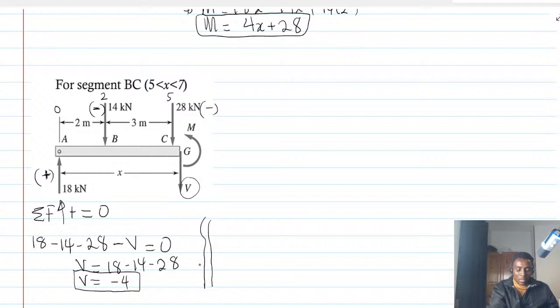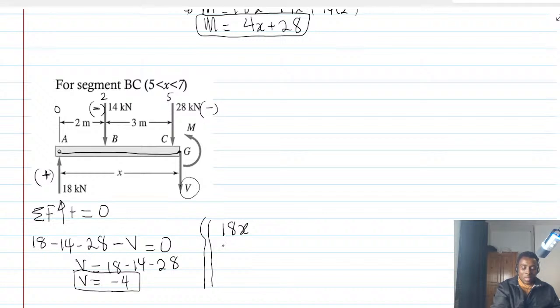All right. Let's do the same for the moment. Now, for the moment, this is how we are going to do it. For the moment, so let's start with the 18 kilonewton. So 18 all the way from here up to J. So it will be multiplied by X. Is that right?